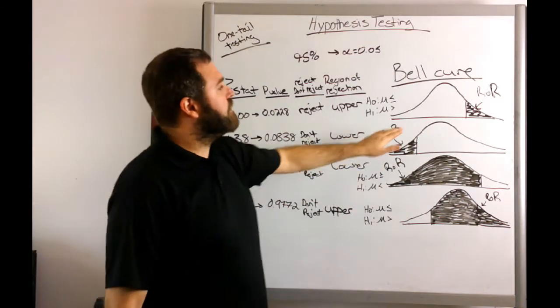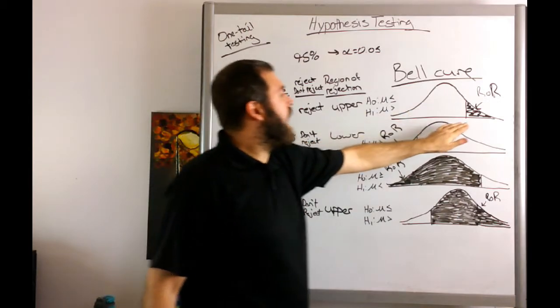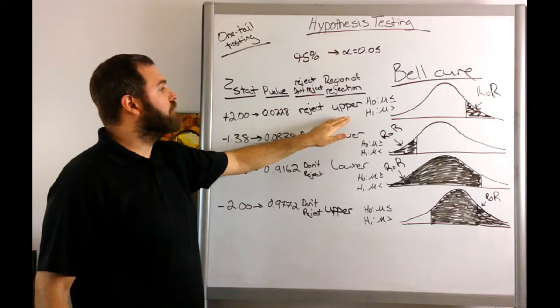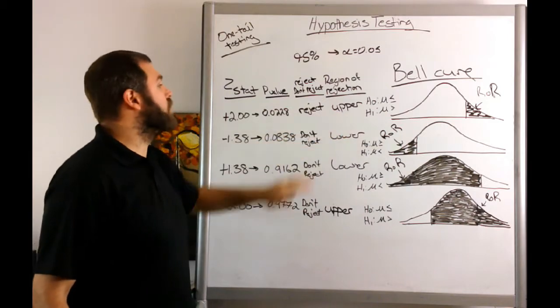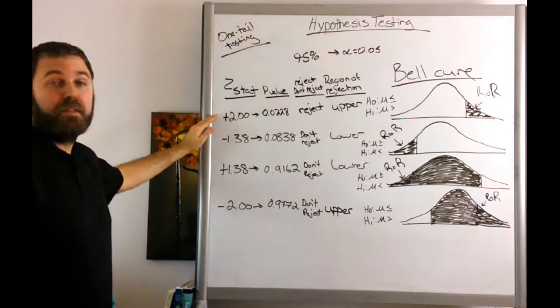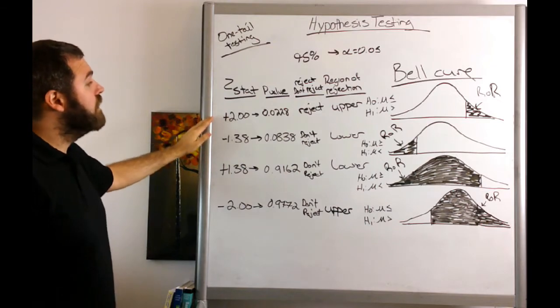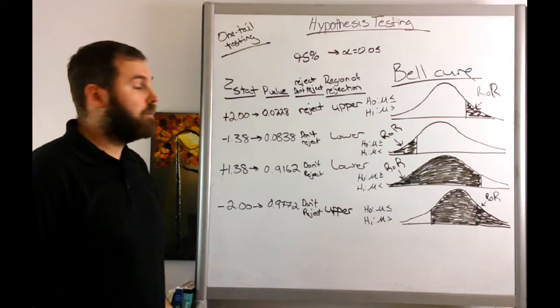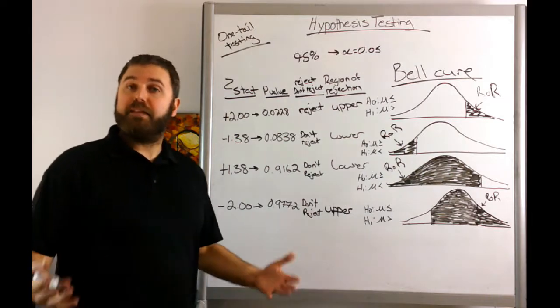So here you can see the different bell curves and how the regions of rejection play based off of whether it's an upper or lower region of rejection, and the z-stat for each different hypothesis test. So now let's take a look at an example problem.